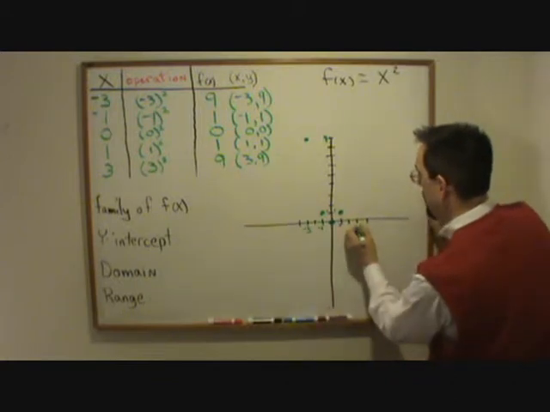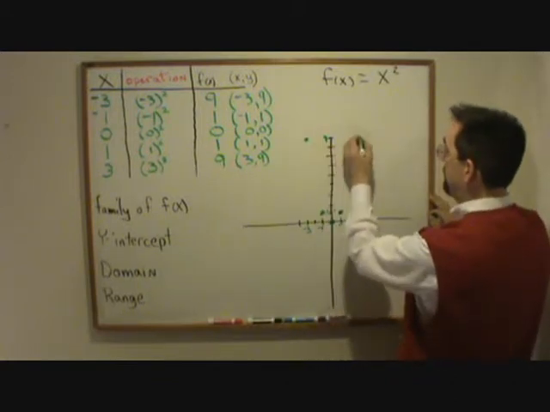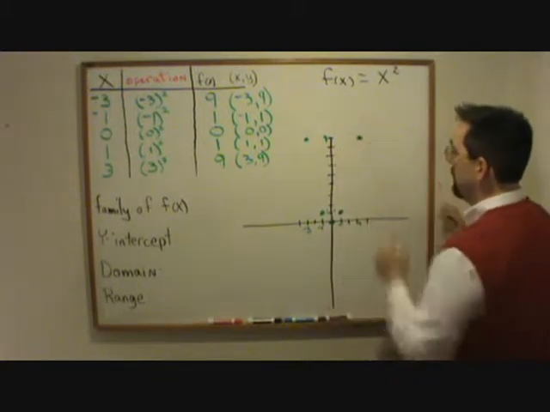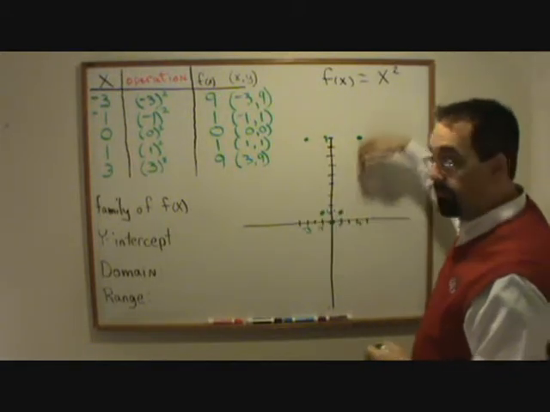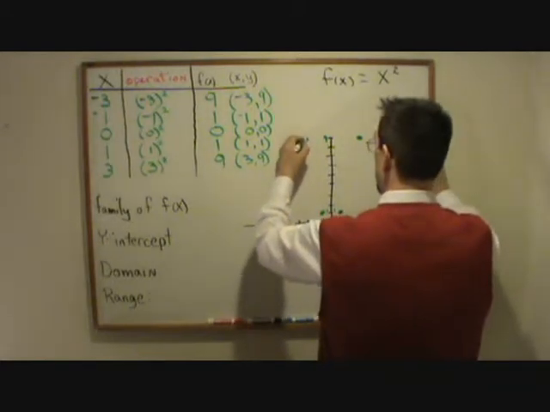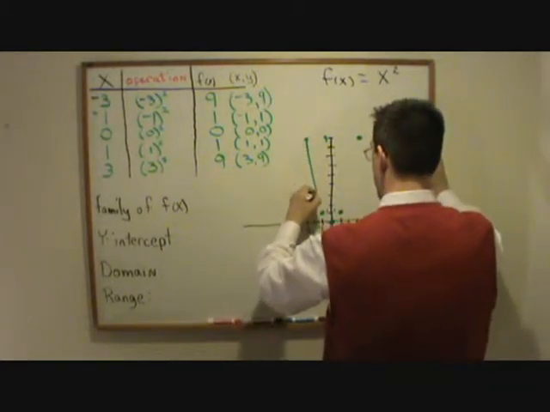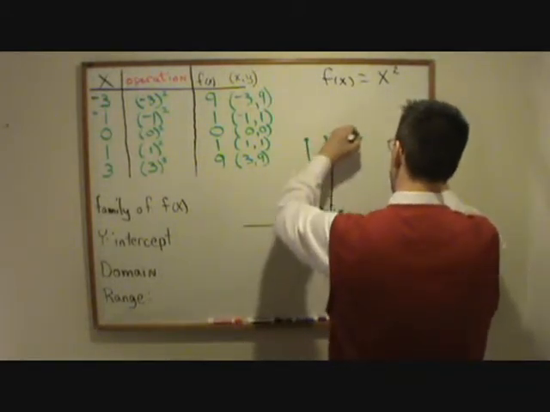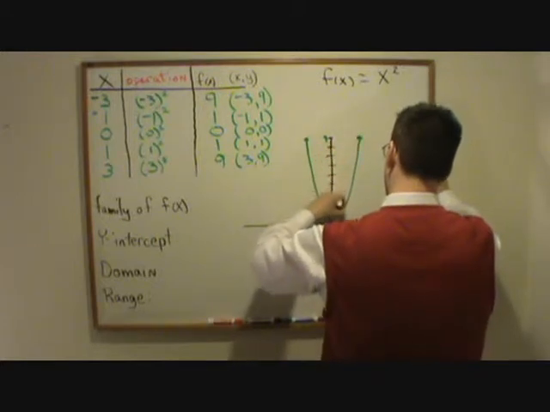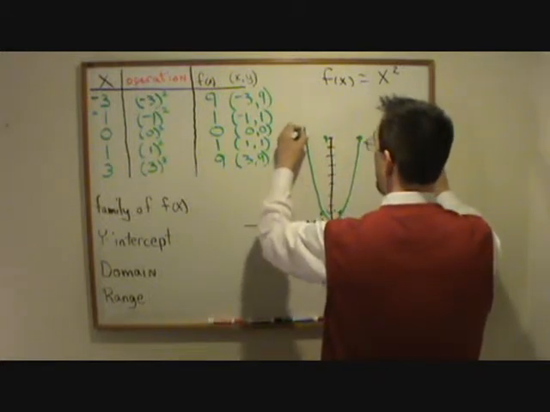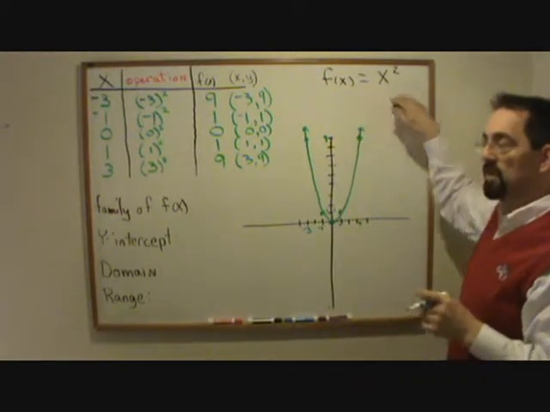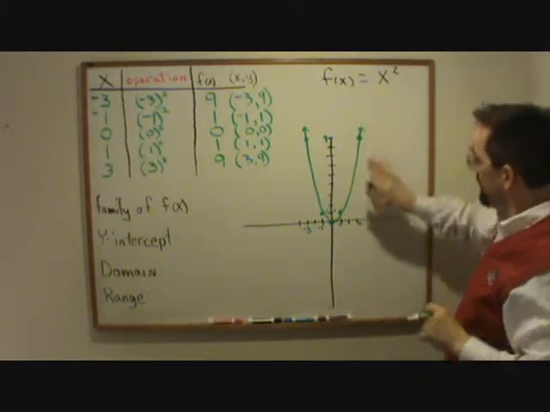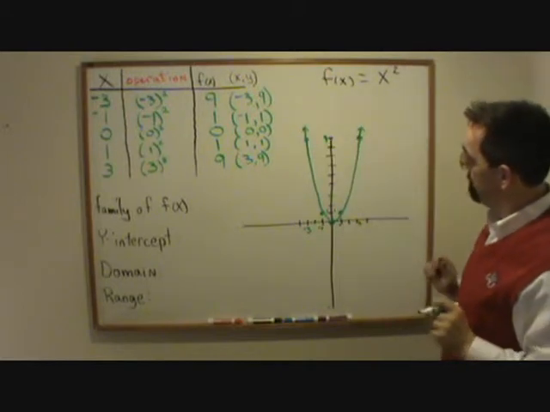In our last point, 3, we already have the 9. We can see that we have some sort of, as we connect the dots, a bowl shape. Always make sure that if we're given a function and we don't have any restrictions on it, it goes on forever in both directions.